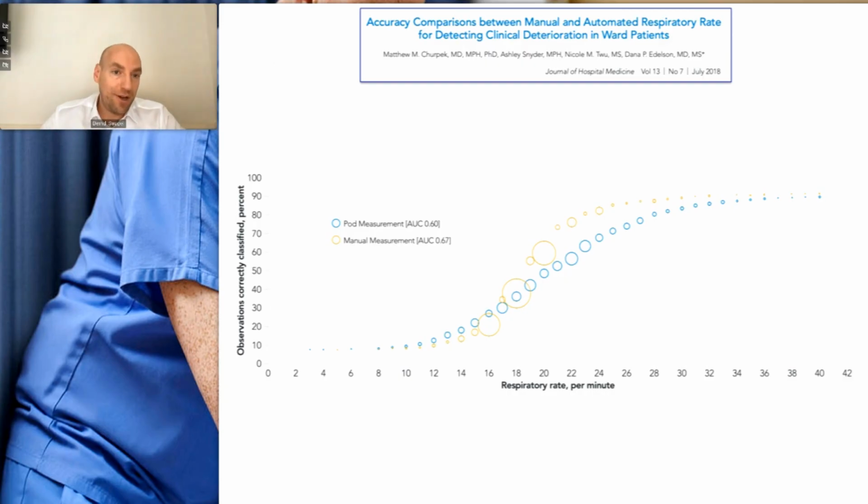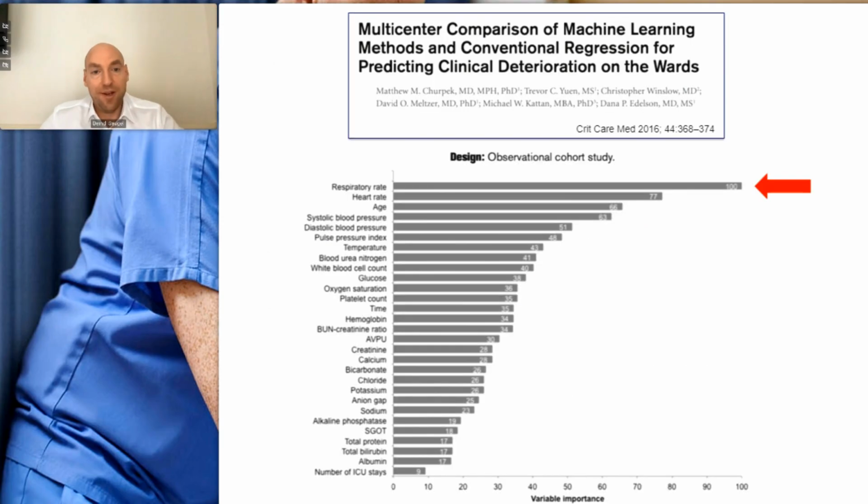You may now, of course, ask, is that important? Is measuring respiratory rate correctly something that we should focus on? And I can tell you, yes, it is. This is a list of vital signs and other variables and parameters and their association or importance for detecting clinical deterioration. And you will see in this study, and this is consistent across other studies too, that respiratory rate is a very, very powerful predictor of clinical deterioration.